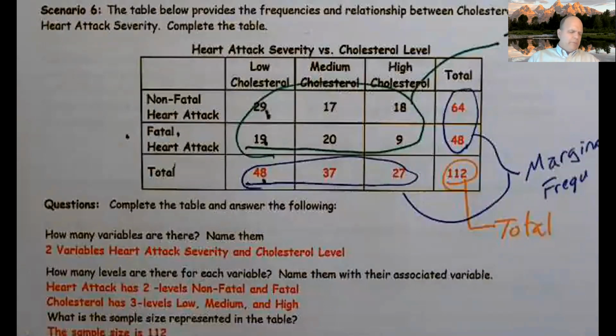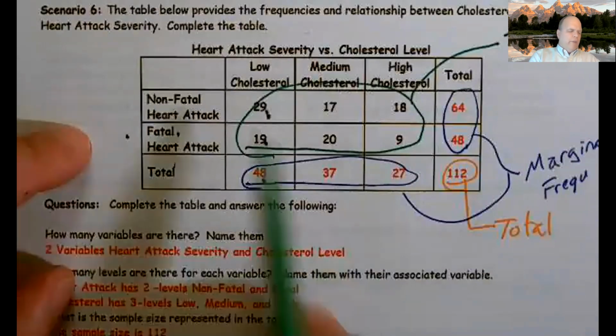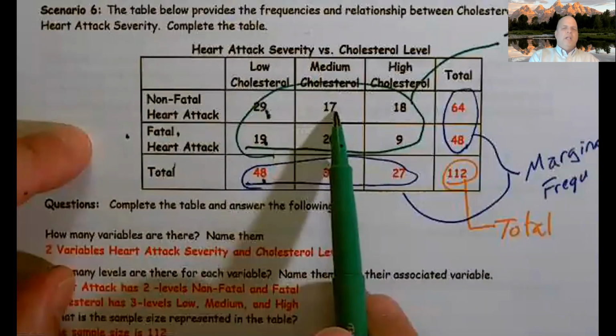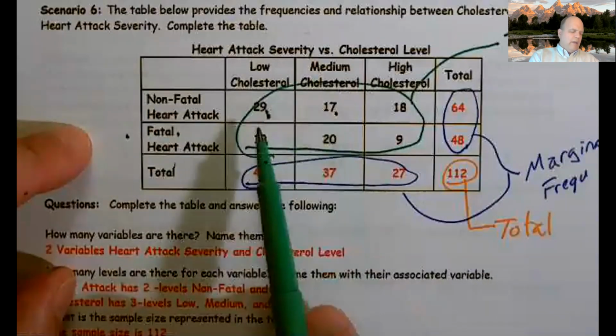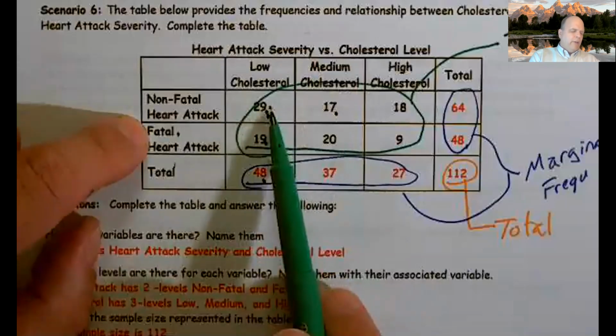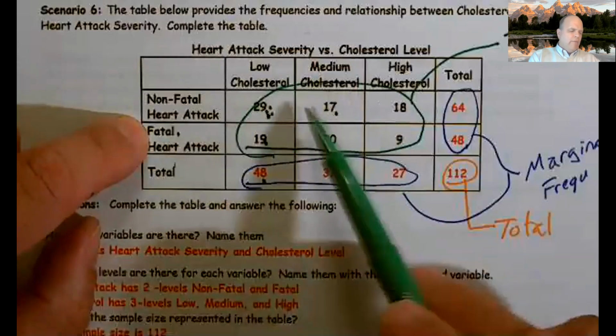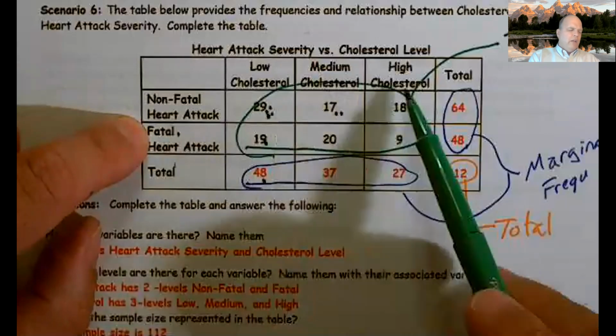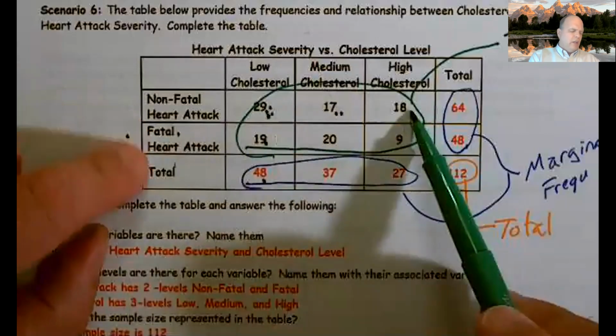That's the frequency. The next thing says list the joint frequencies. Well, non-fatal and low is 29, non-fatal and medium is 17, non-fatal and high is 18.